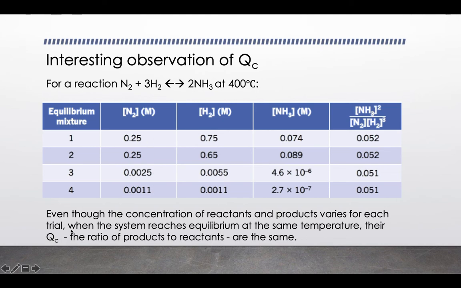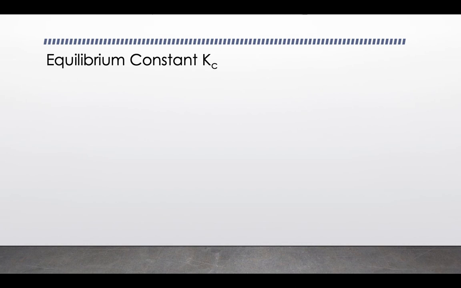But when you write the Qc of all 4 mixtures, the proportion is almost the same. Qc is a fraction, so it's a kind of proportion of products over reactants. Based on that observation, we defined that Qc as the equilibrium constant.